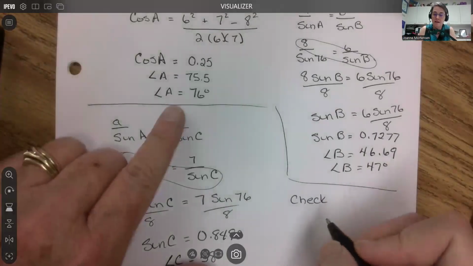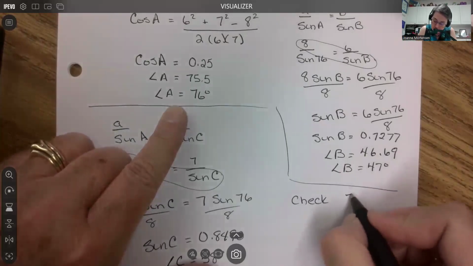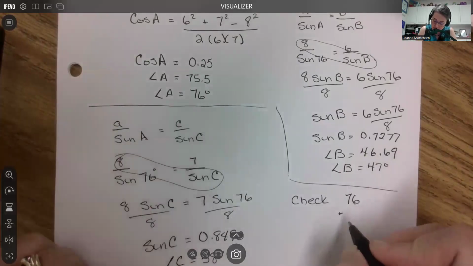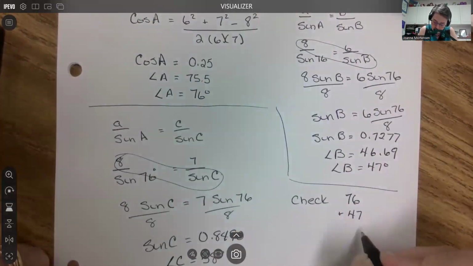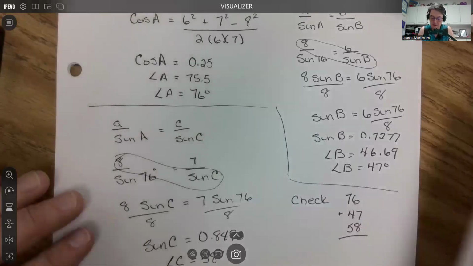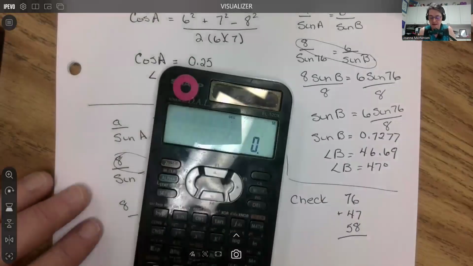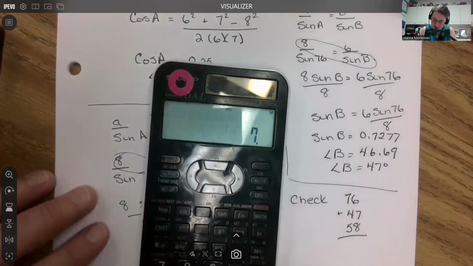So if I take angle A, which is 76, plus angle B, which is 47, plus angle C, which is 58, let's just add that up. Should be 180. 76 plus 47.